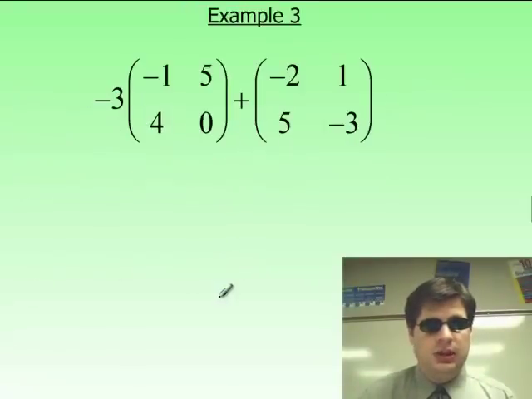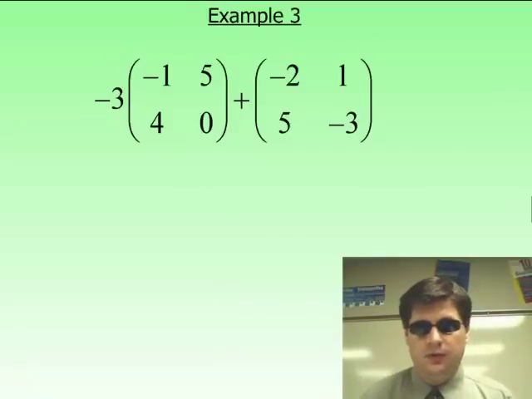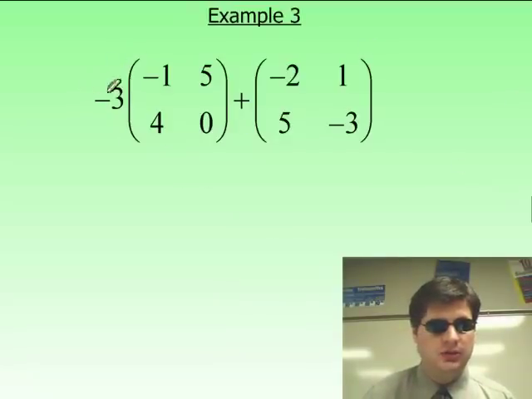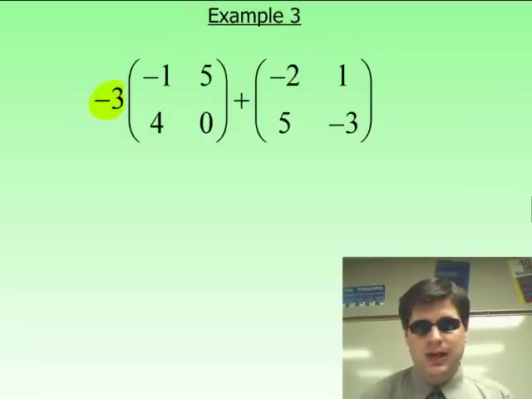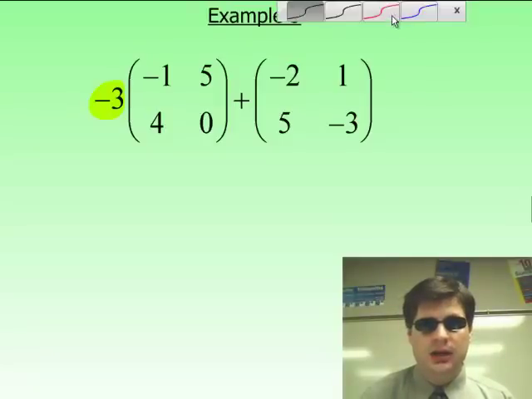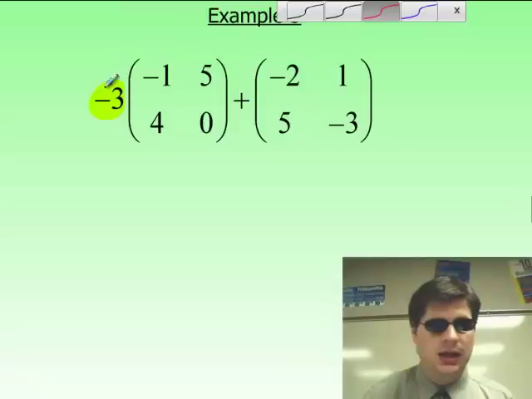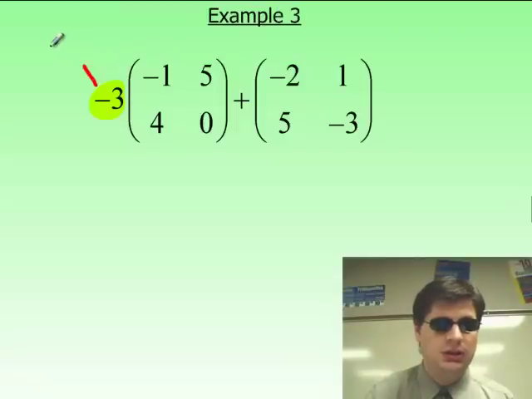The next thing I want to do is throw in another operation here. I have a number in front of this matrix, a -3. Now, when you're multiplying a single number with a matrix, that number has a name. The name of that number is a scalar.